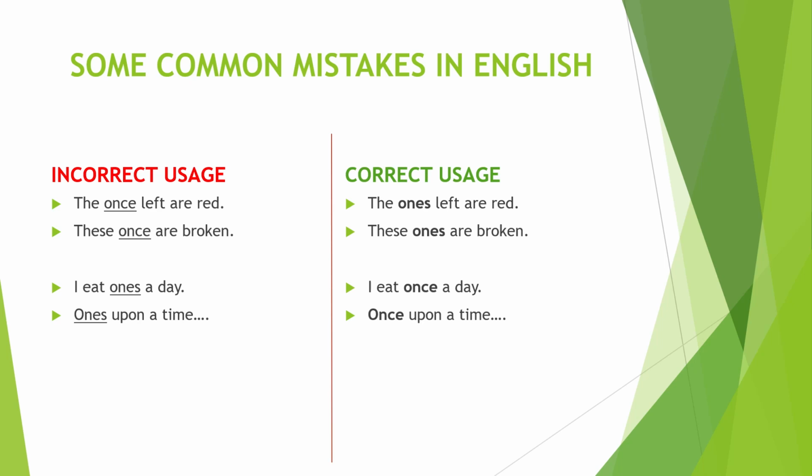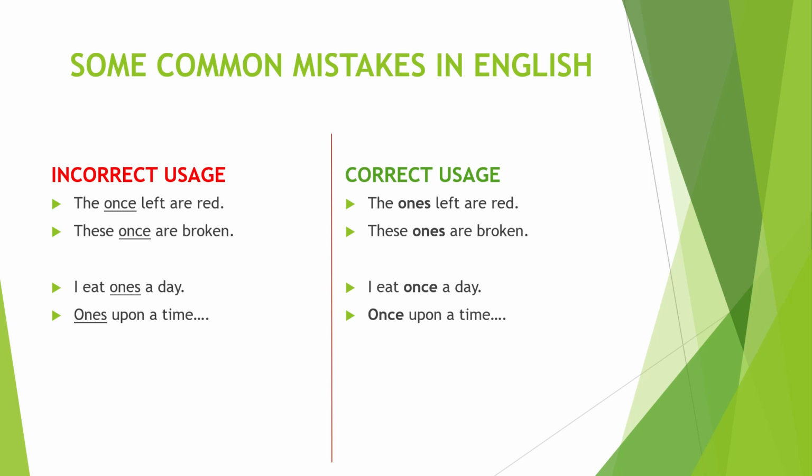The next sentence: these ones are broken. The right word that should be used in these two sentences is not O-N-C-E, but O-N-E-S. Not once as an adverb or a conjunction, but O-N-E-S.